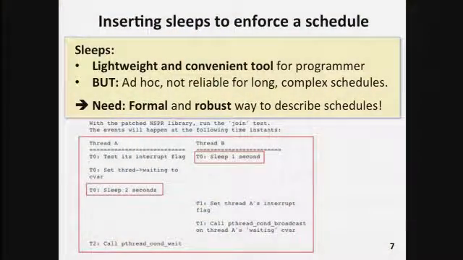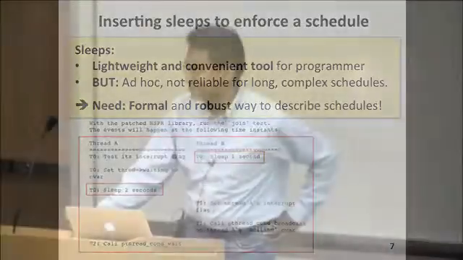Another alternative that people have explored, and which is surprisingly the most used approach to test concurrent programs, is to insert sleep statements, as Darko showed. If you look at the bug databases for various kinds of concurrent software, you'll see that most of the bug reports include sleep statements.